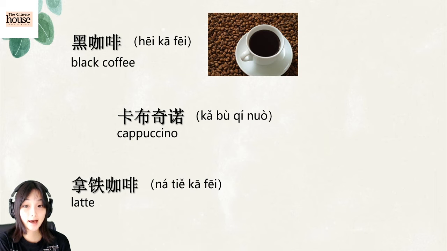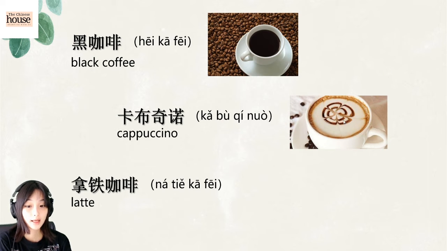And then first of all we have black coffee. 黑咖啡. 黑 is black. 黑咖啡. And cappuccino, 卡布奇诺, again is translated from the pronunciation, and I think you will understand just using this cappuccino.